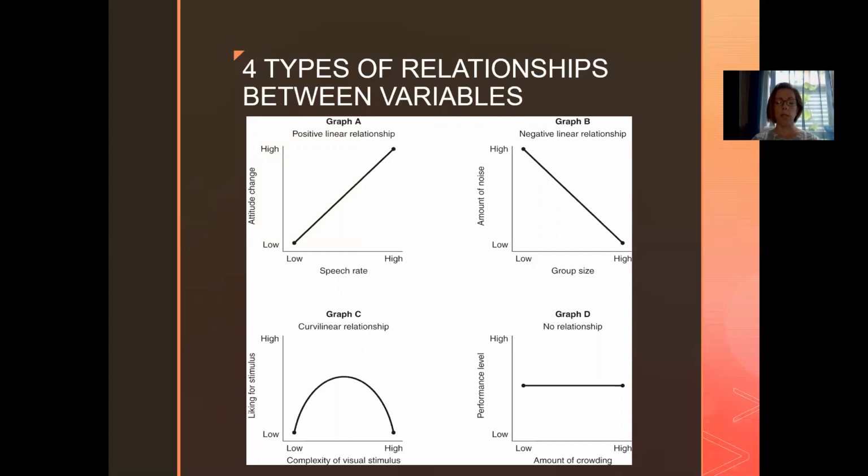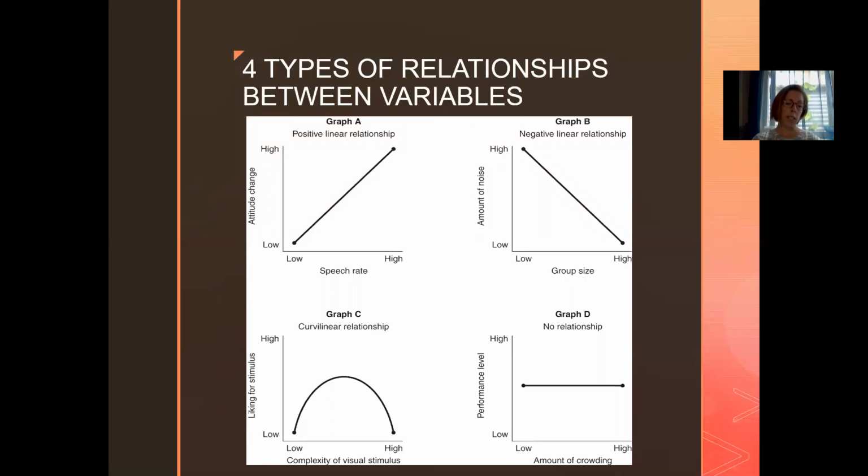This is showing a hypothetical, but it's actually a relationship that exists in social psychology, that if you get a large group of people in a small space, the more people that are there, the quieter they will be. So we tend to quiet down when we're in an enclosed space with a lot of folks. If there's a few folks in an enclosed space, we are louder.